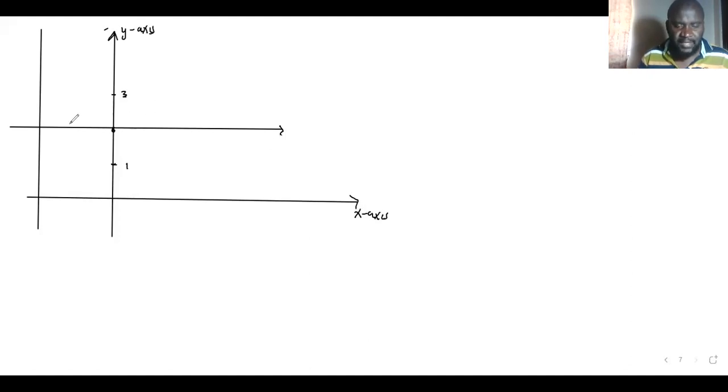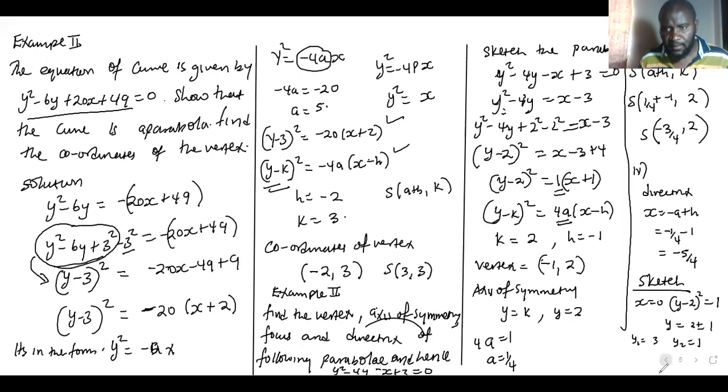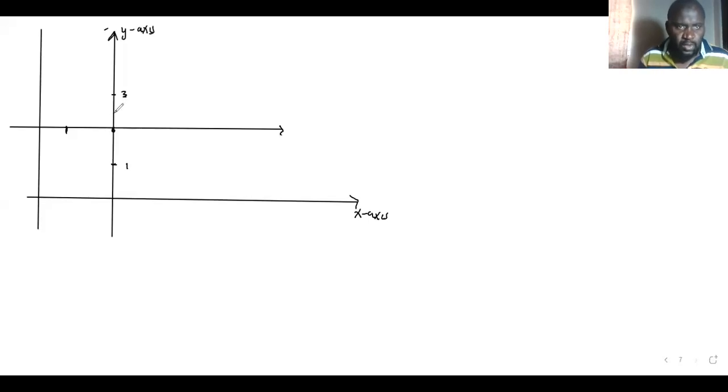So where is the focus? The focus is at what point? We identified the focus at -3 out of 4, 2. Now this is the line where the 2 is on the y-axis. This is where the 0 is. So -3 out of 4 can be somewhere around here.